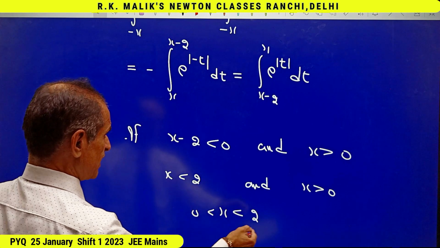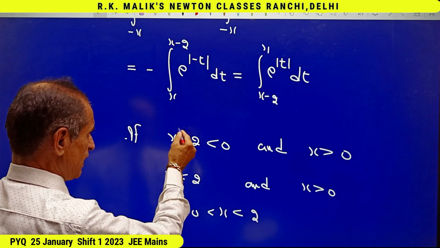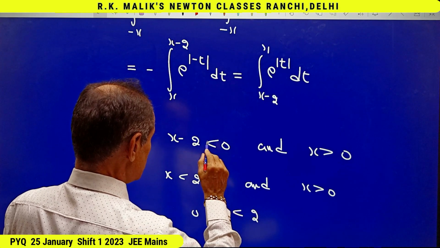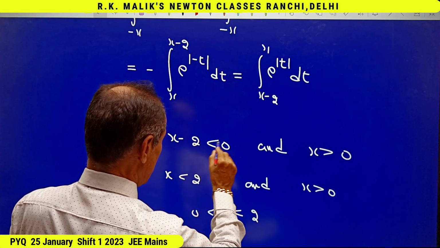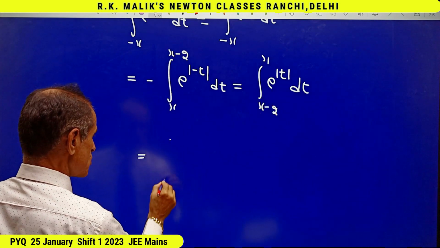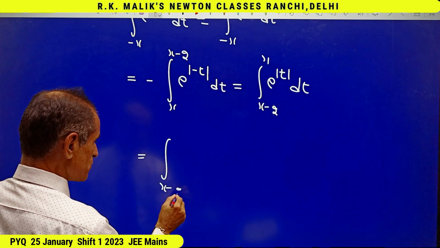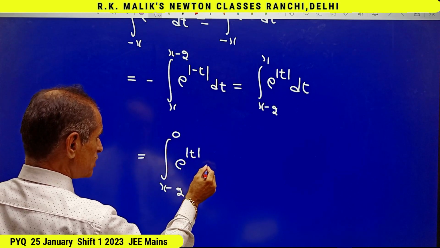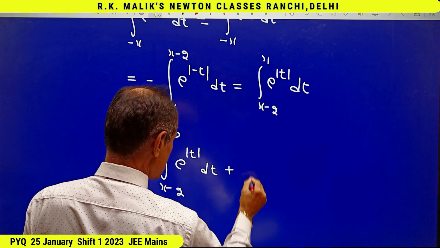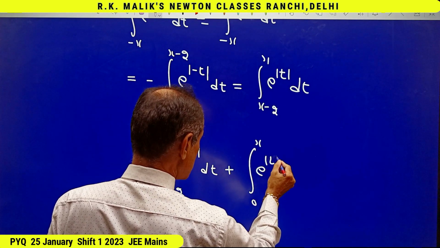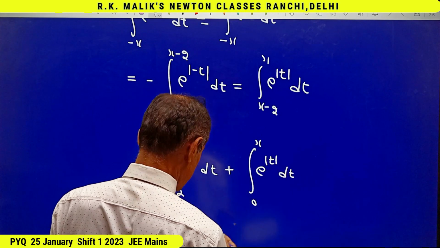And if x lies between 0 and 2, which means x minus 2 is negative and x is positive, that is 0 lies between x minus 2 and x, then it will become equal to the integral from x minus 2 to 0 of e power mod t dt plus the integral from 0 to x of e power mod t dt.